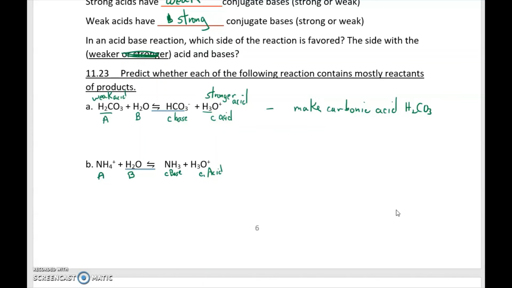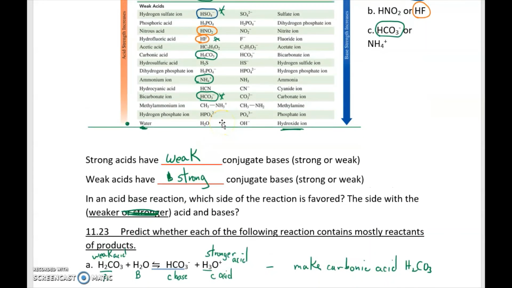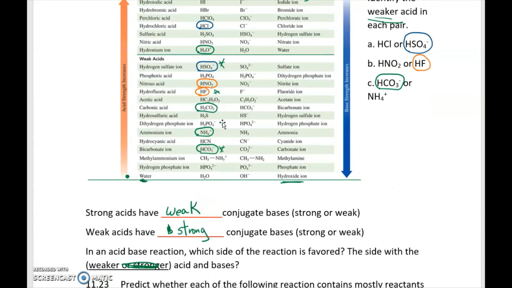We want to compare the two acids and see which one is stronger. We've got an ammonium ion and we've got a hydronium ion. So let's go back to our table and see if we can figure which one is stronger. Here's our ammonium ion here, and the hydronium is up here.